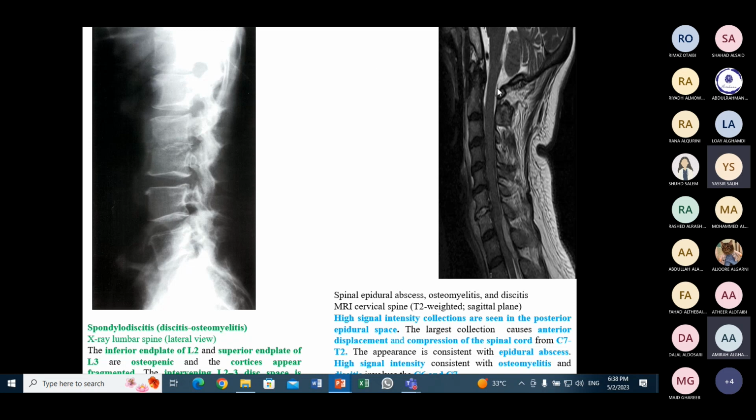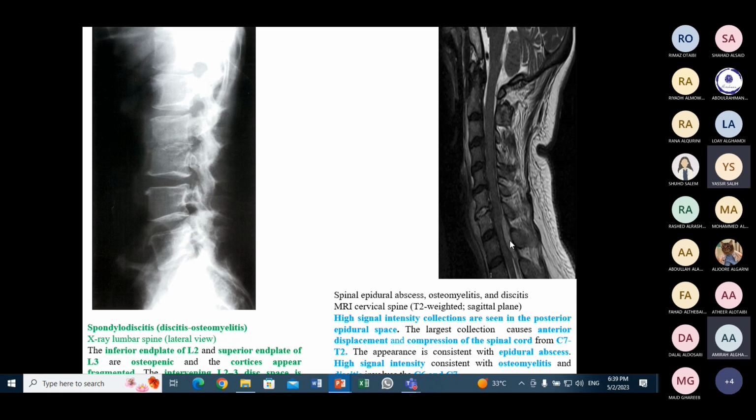And this is MRI, T2 sagittal. Do you see the abnormality? There is a collection here, and there is abnormal signal here. There is a high signal collection in the posterior epidural space.